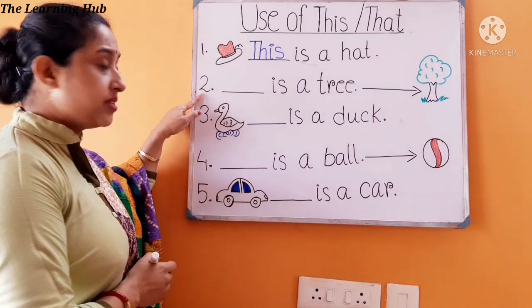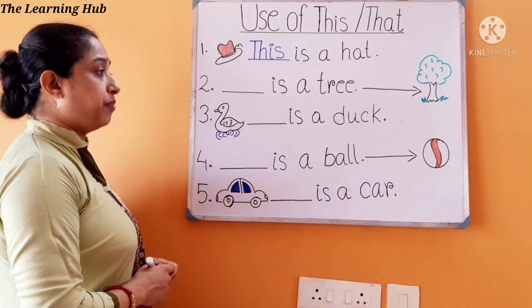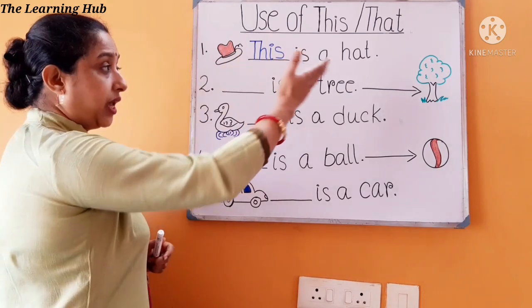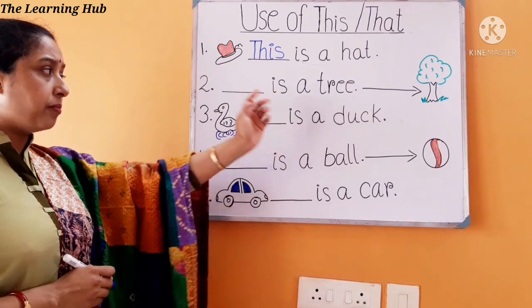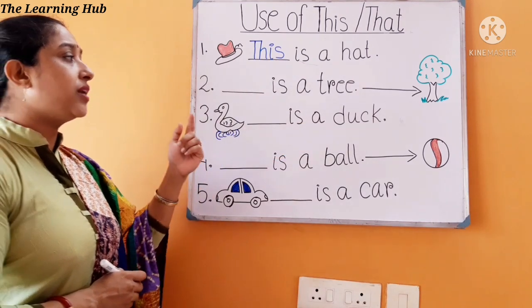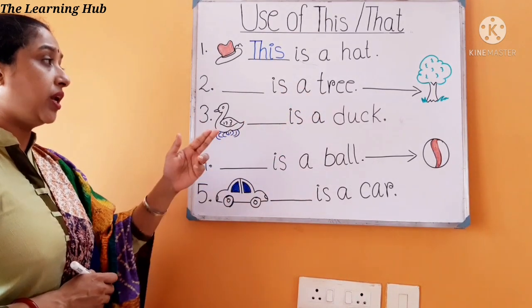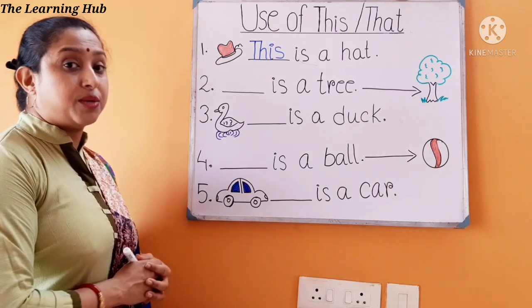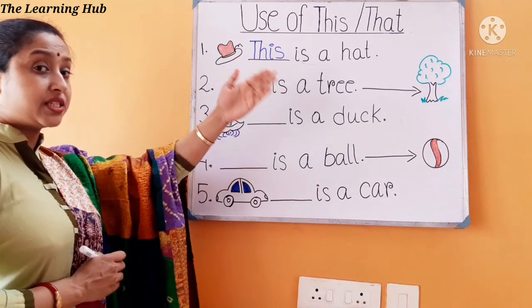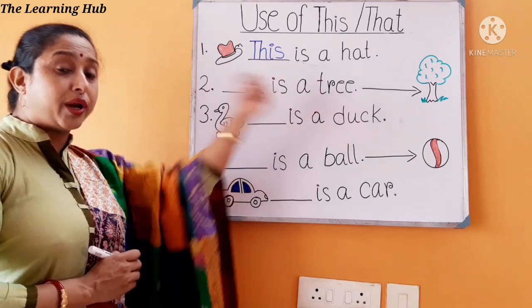Next sentence. Look very carefully. Here I have drawn a picture of tree, and which is far away from me means here I have drawn the tree after the sentence and showing the tree through an arrow. That means this is depicting that the tree is far away from me. Tree बहुत दूर है मेरे से.